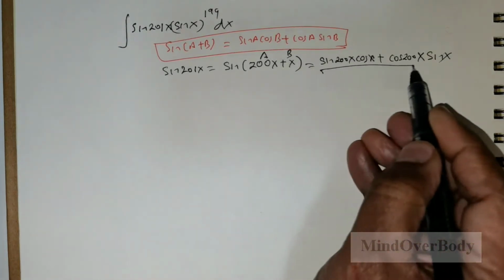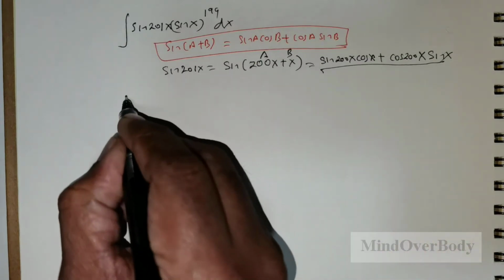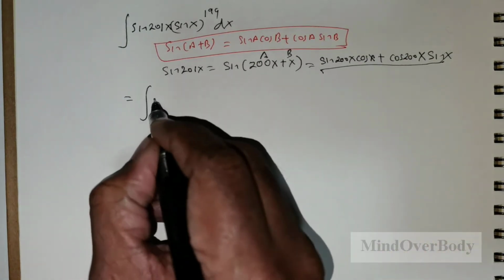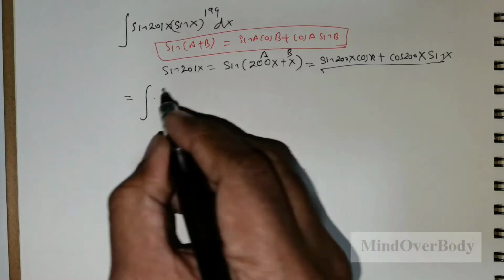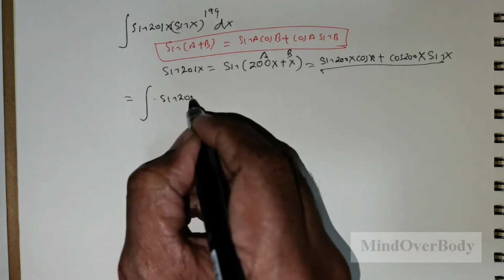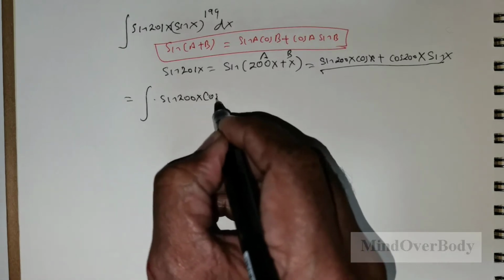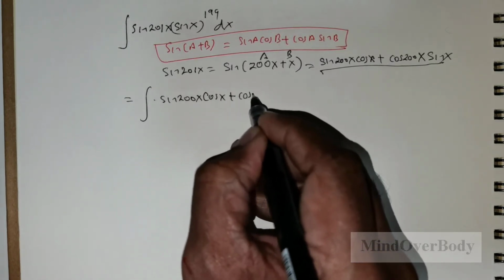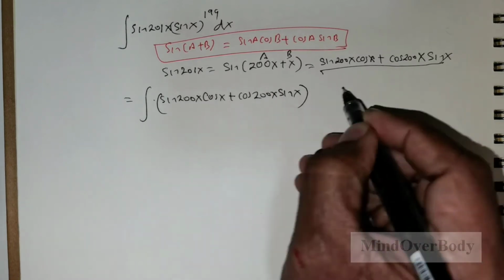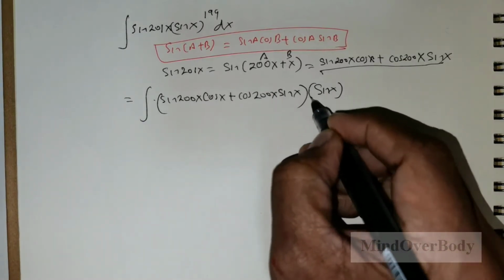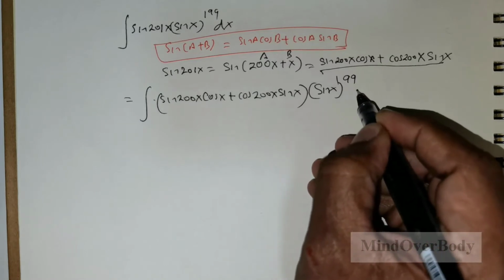So using this expression in the question, in place of sin 201x, I'm going to be using sin 200x times cos x plus cos 200x times sin x, multiplied with sin x raised to the power 199 times dx.